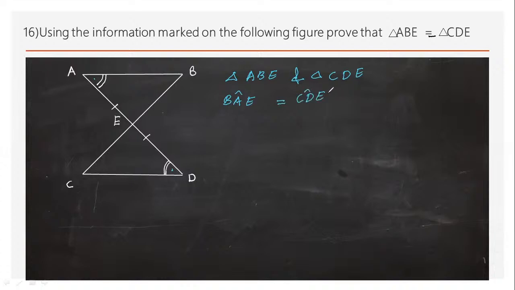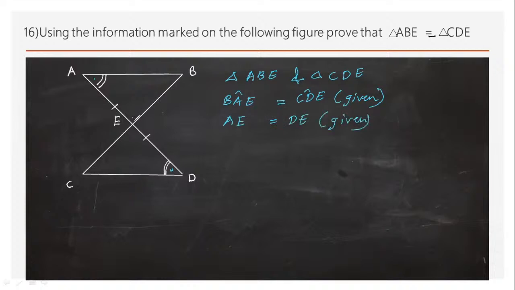Right? What is the reason? Alternate angles. Can we say that? We can't say alternate because they haven't shown that they are parallel lines. Because due to these two being equal, we can say AB and CD are parallel lines. It's given information. And AE equals DE, given.